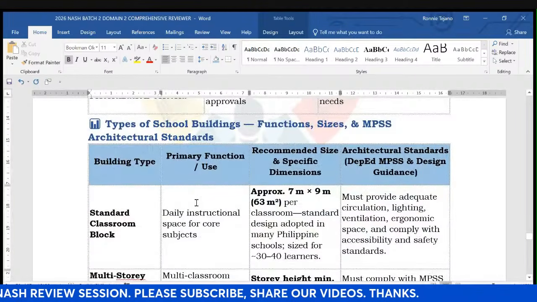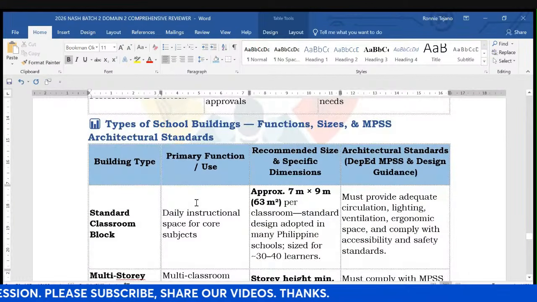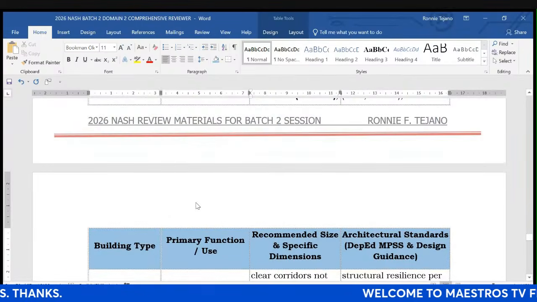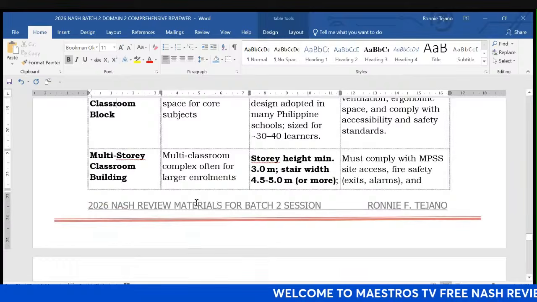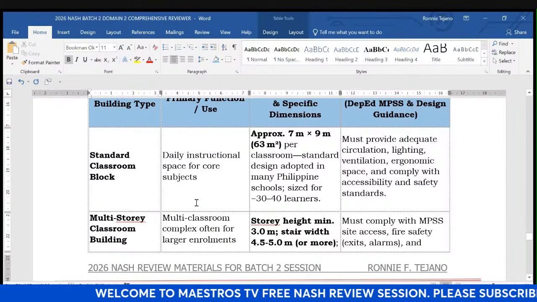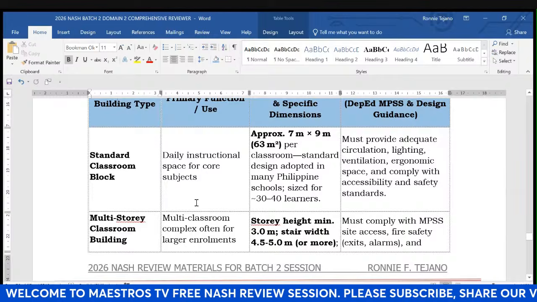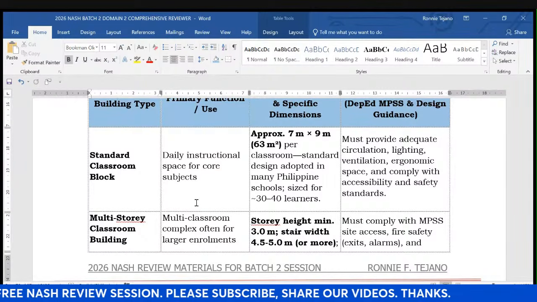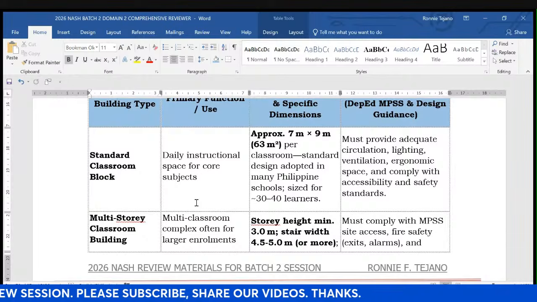Here are the various types of school buildings, their functions, sizes, and architectural standards. For a standard classroom, you have 7 by 9, no? Remember, this 7 by 9 is the standard design adopted among Philippine schools, with a size for 30 to 40 learner occupants.